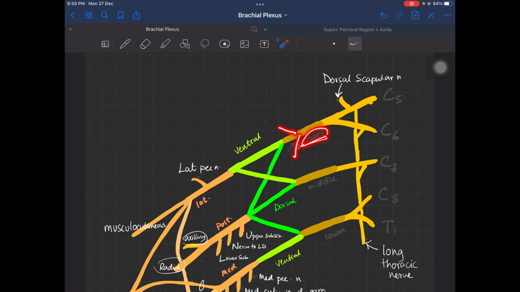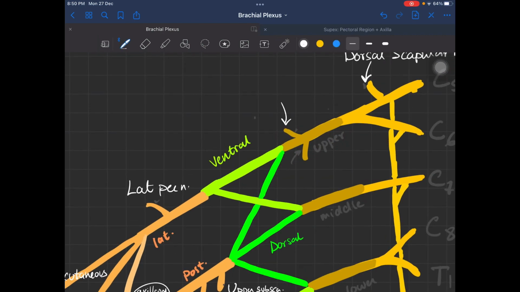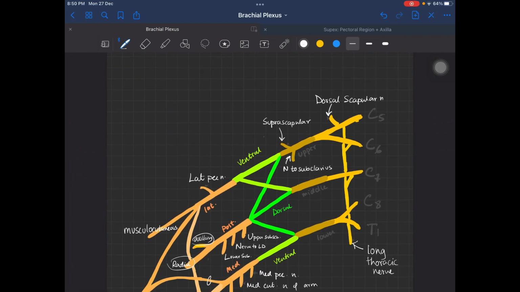Upper trunk has two branches. The first branch is the suprascapular nerve. So the suprascapular nerve supplies two muscles, the supraspinatus and the infraspinatus. Then this branch right here is the nerve to subclavius. So as its name suggests, it supplies the subclavius muscle.